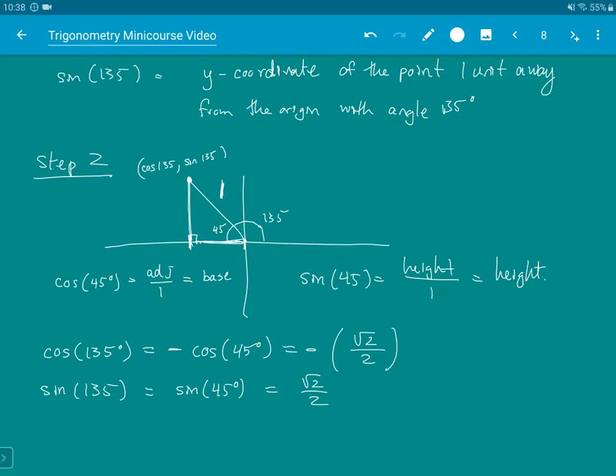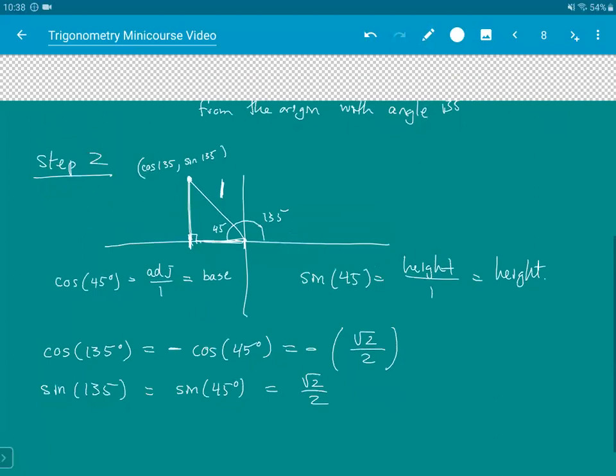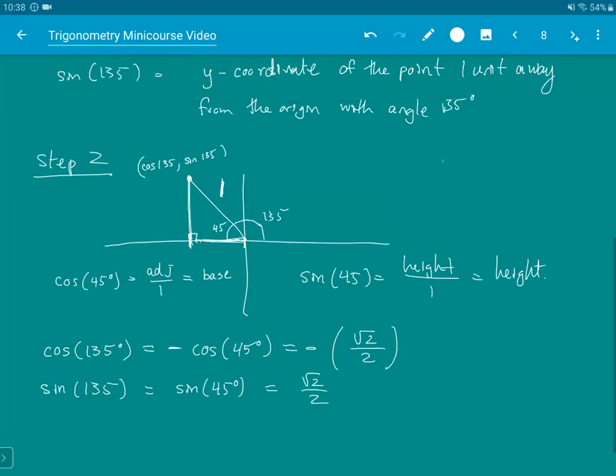And now one thing you notice is that sine of 135 is the same as sine of 45. You can see that also from the picture, because if I drew a similar triangle over here, where we have 45 degrees, sine of 45 degrees and sine of 135 degrees, these two triangles will have the same height.